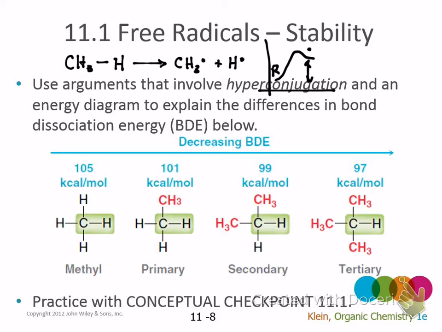So again, the reason knowing about bond dissociation energy is important is the most stable radical will lead generally to the major product of the reaction. So it's important to know what's the trend in stability when you're doing radical reactions. Same thing's true for carbocation reactions too, right?